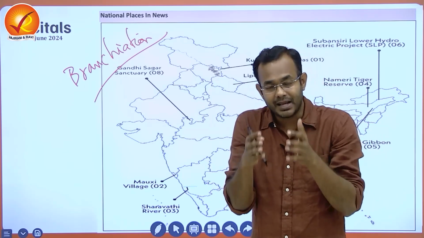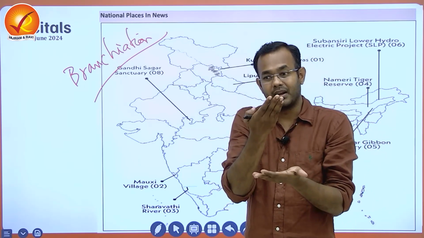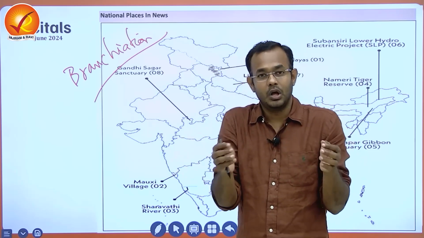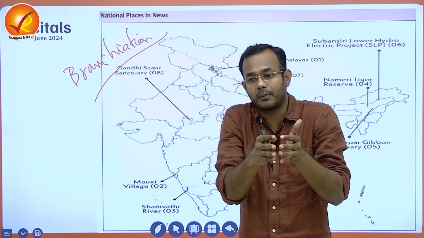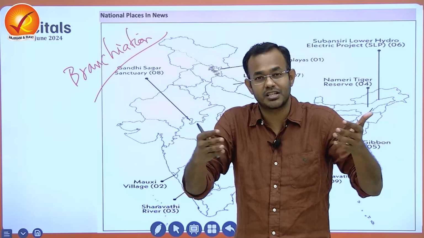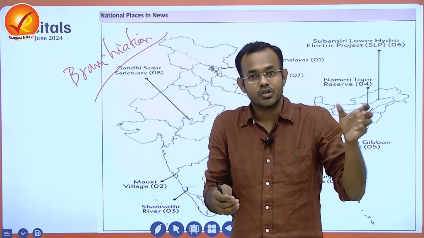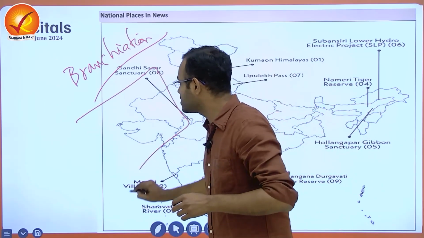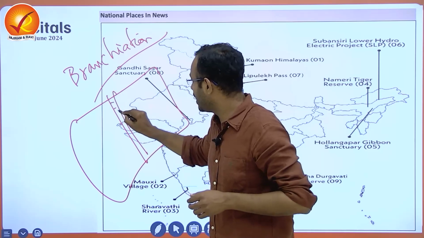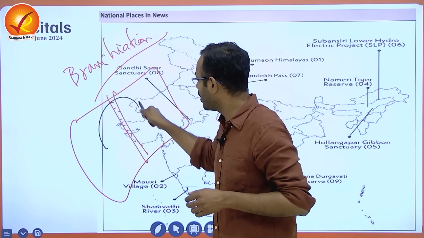Now, when the railway track has been laid, this not only bifurcated the habitat, it also cut the forest for a particular distance. So now the animals in the forest are not able to move from one region to another.